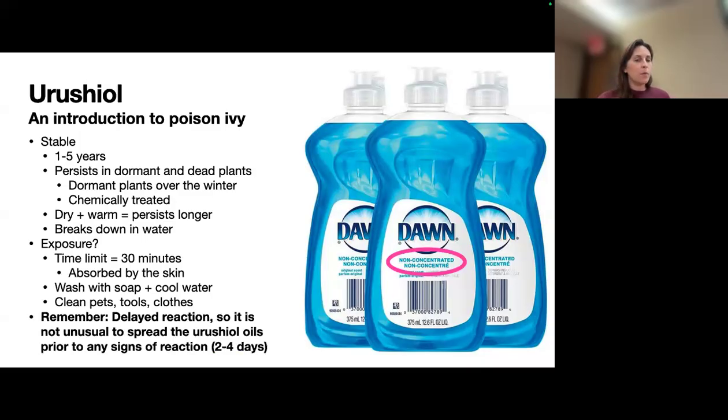Remember that this is a delayed reaction, and so it's not unusual to spread those urushiol oils prior to any signs of reaction. When people say, oh, you can't scratch it because it'll spread, that's actually grounded in the fact that generally speaking, we are spreading it ourselves. Like, oh, I've got an itch on my arm, but I've got urushiol on my arm, and now I'm going to scratch my face.